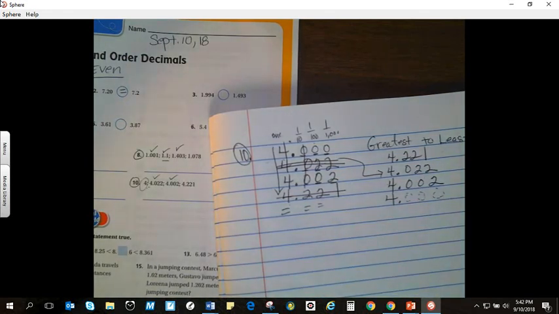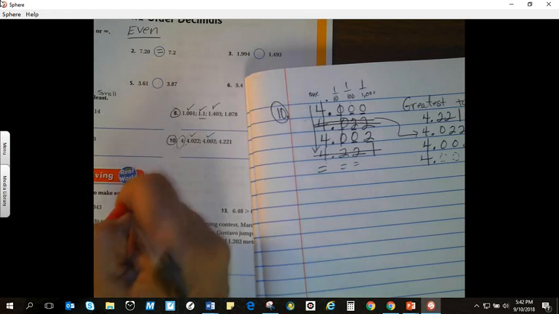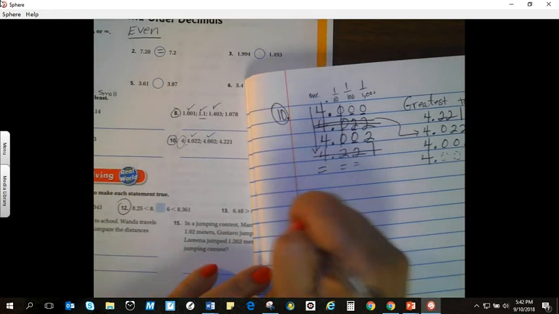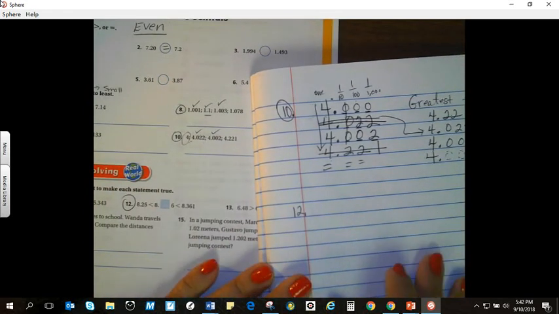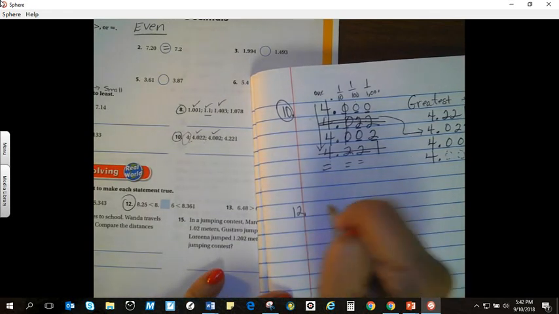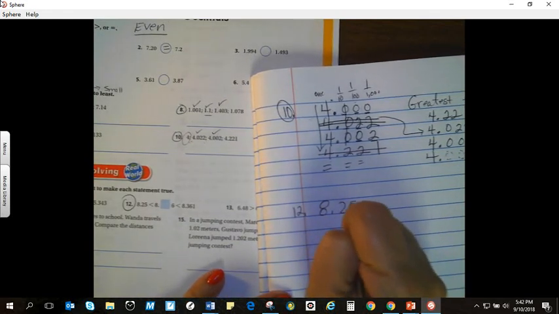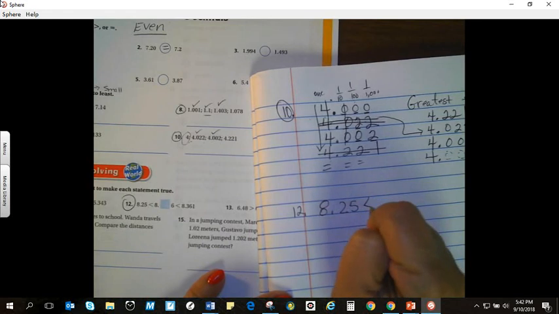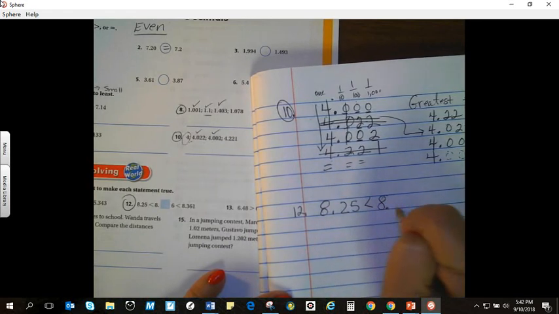All right, now I'm going to go to number 12. This is the one that I was talking about in class. All right, so I have 8 and 25/100ths is less than 8 and blank.